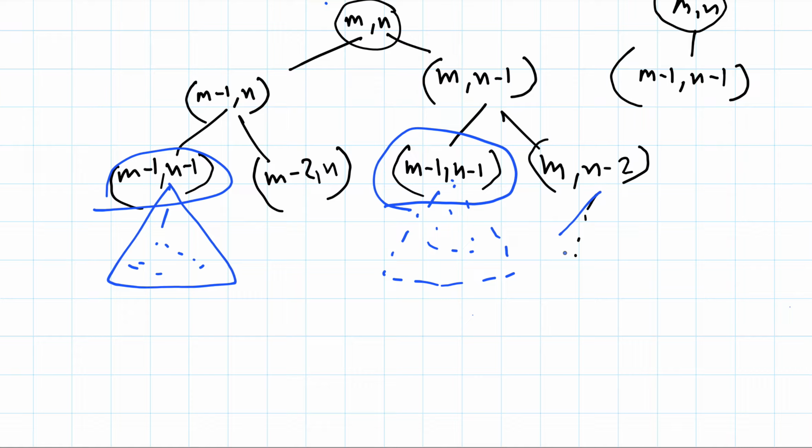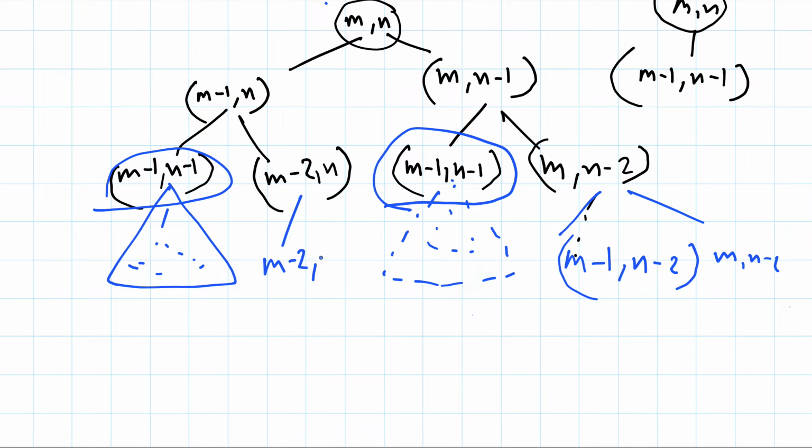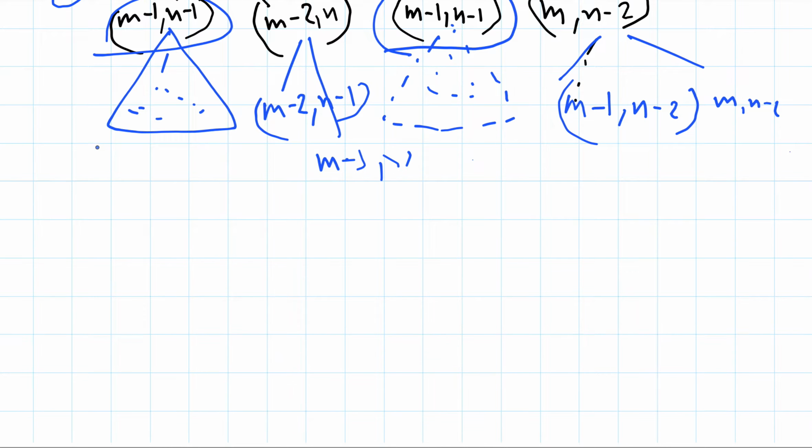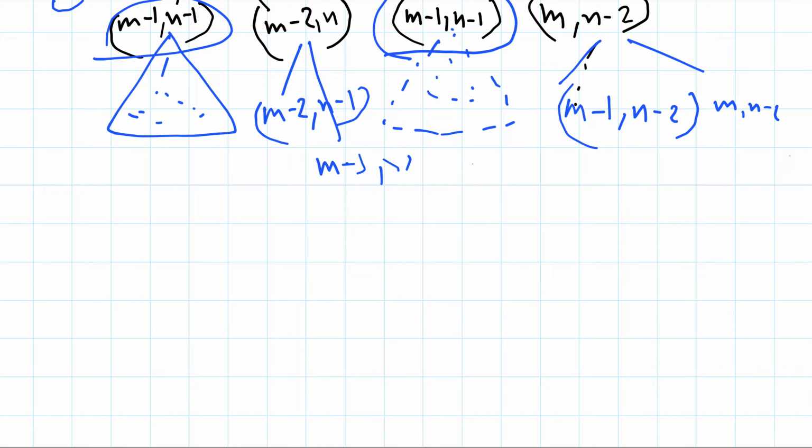And similarly from here, one will be m minus 1, n minus 2, and one will be m, n minus 2. And from here it will be m minus 2, n minus 1 and m minus 3, n. So many of these will overlap. So this recursive solution is not ideal, and we should use the dynamic programming based solution.